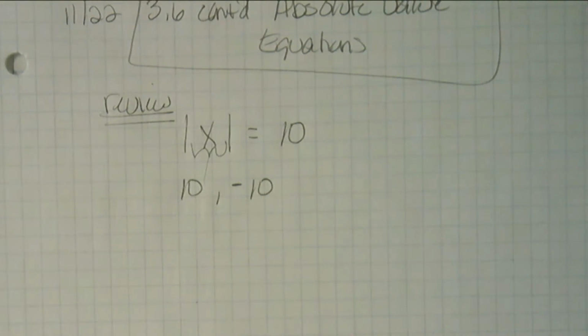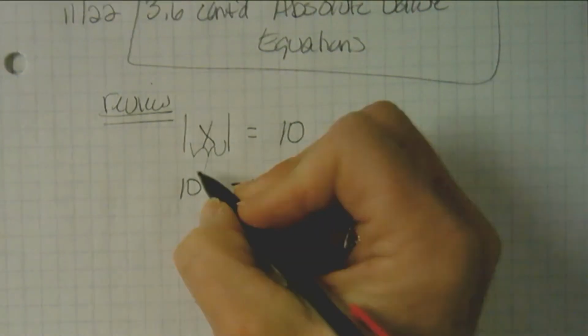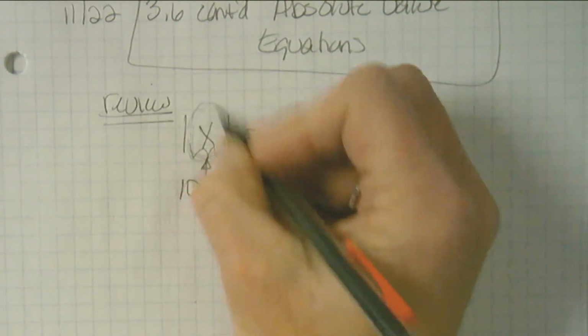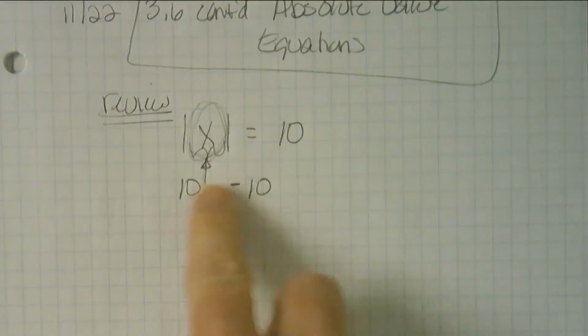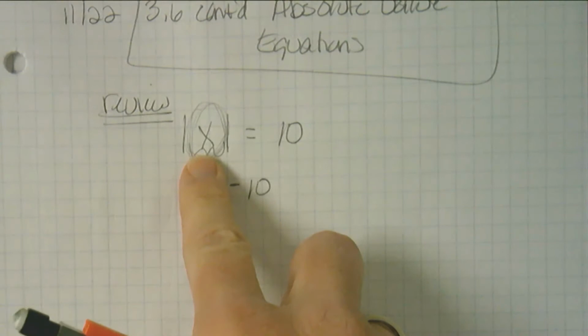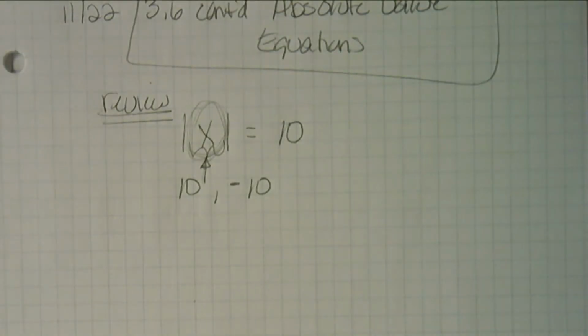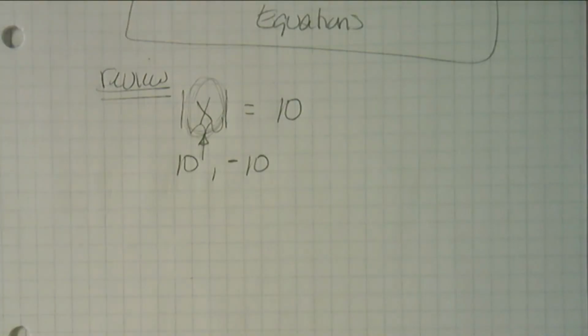How many of you guys agree with that? Whatever is in here has to be 10 or has to be negative 10, so when I take the absolute value of it, I get a 10. So are you guys cool?